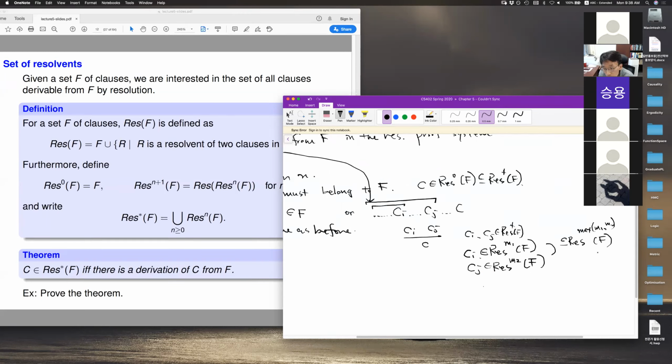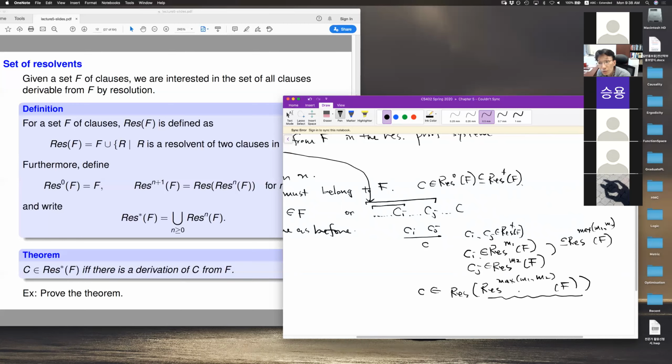Now, what we know is that if we apply Res on Res max of M1, M2 of F, it should contain all the resolvents of two clauses that belong to this set. So in particular, it should contain C as well.